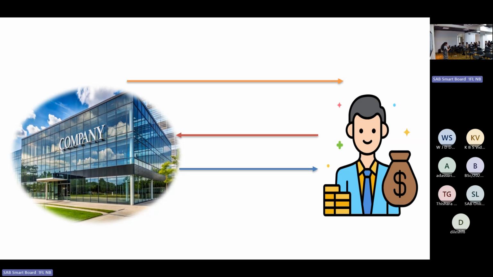Later on, as the investors we give the funds to the companies. Do you expect something from the company? Yes, exactly. We are expecting something from the company for our investment in the bond. So during this maturity period, during this bond holding period, what does the company need to pay? Very good, interest.